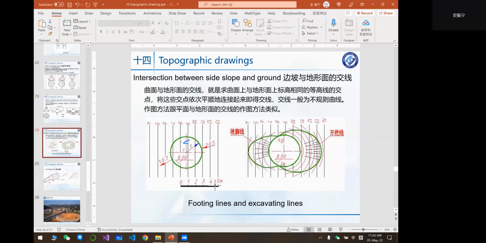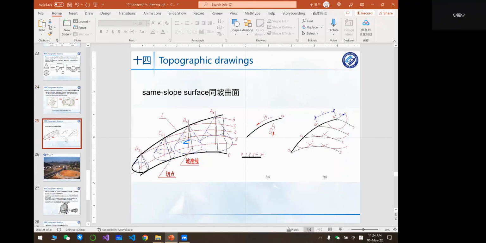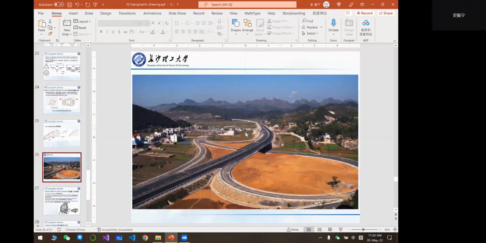Okay, next time, next week, next step, we are going to learn the same slope surface. The same slope surface is not very common. Usually in a construction, like the rib, you can see this is the same slope surface.